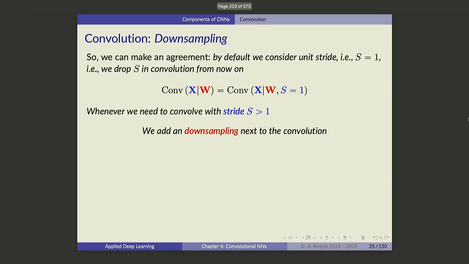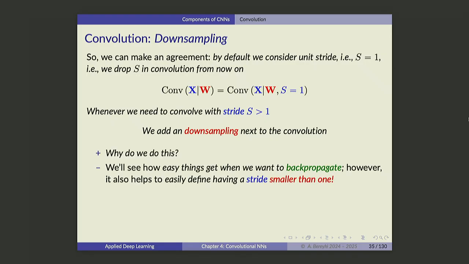Now, there are a couple of reasons that we think like that. Why should we think of a stride more than 1 as two different operations, convolution plus downsampling? There are two main reasons. One of them is that it makes backpropagation significantly easier. You're going to see that you basically need to always backpropagate over a convolutional layer with stride 1, and then the resampling in the backpropagation is just resampling again.